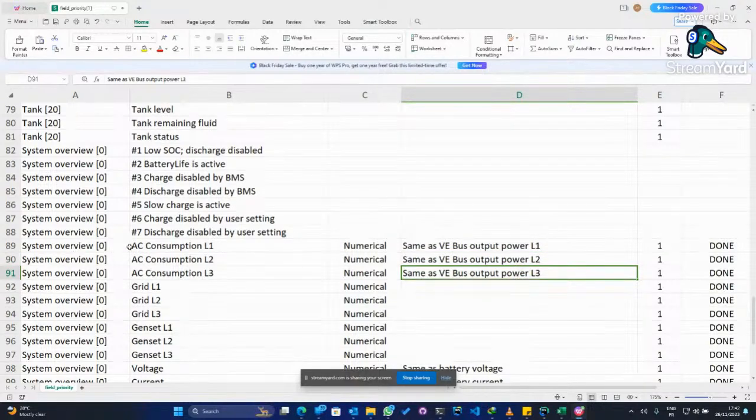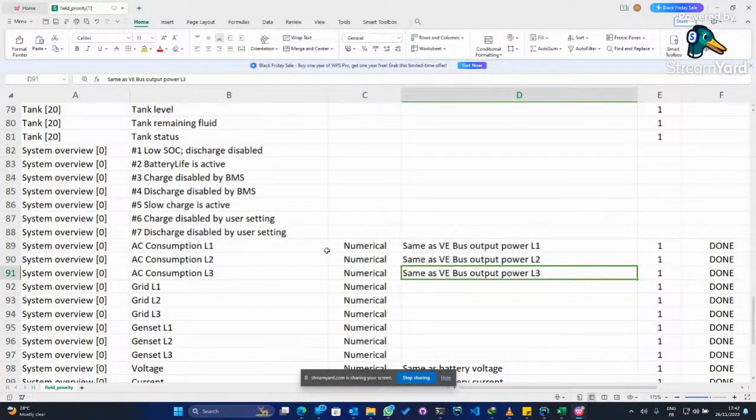which means that at this moment in time, what I noticed about the data set was that the AC consumption of the system overview was the same thing as the output power of the VE.Bus system. Basically, that is the observation we made while plotting the different curves in order to analyze the different features.